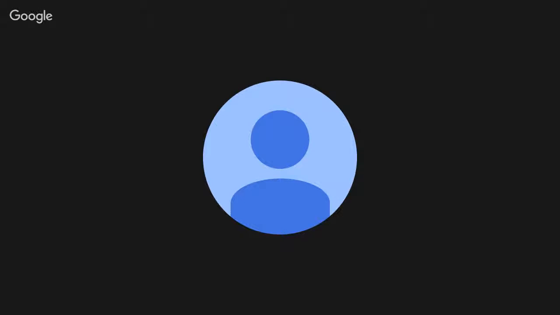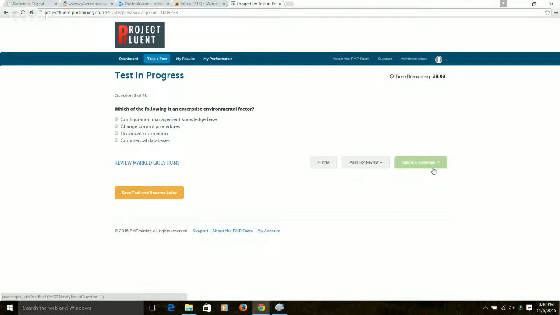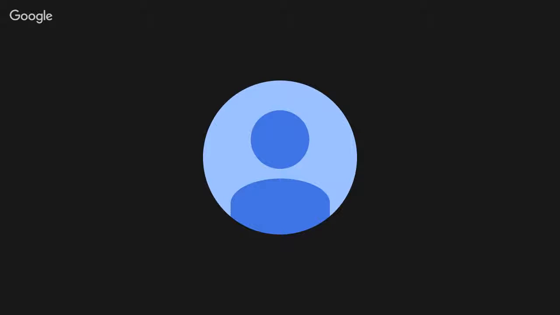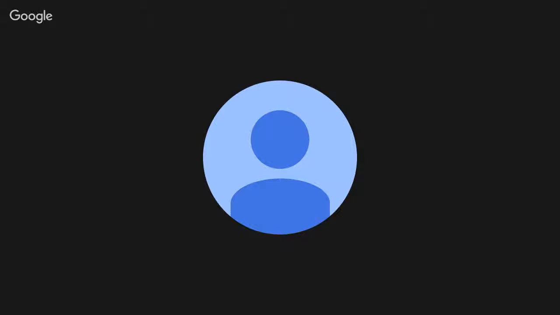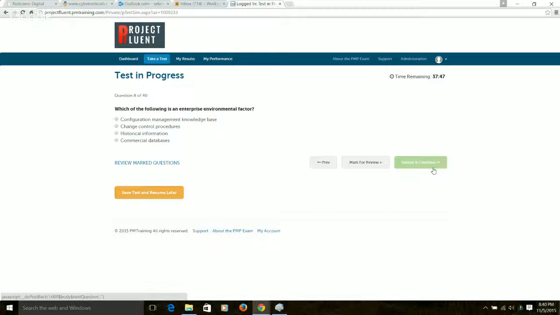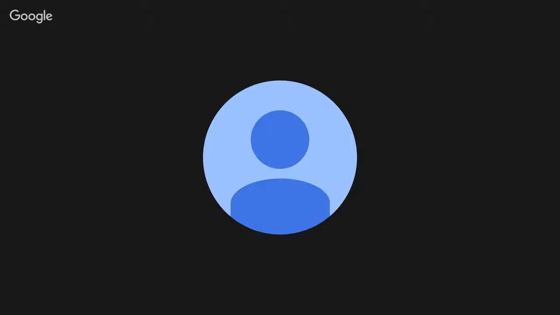This is where I always get it wrong. These are very easy to get wrong. Enterprise is internal processes, no? No, it's actually the opposite. Enterprise environmental factors. I always get these things wrong.